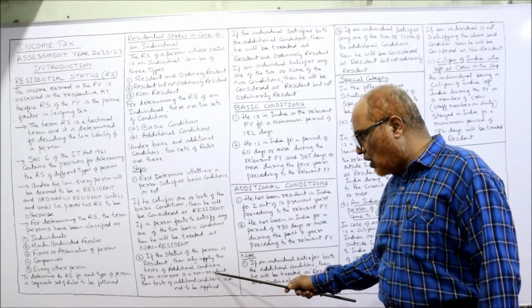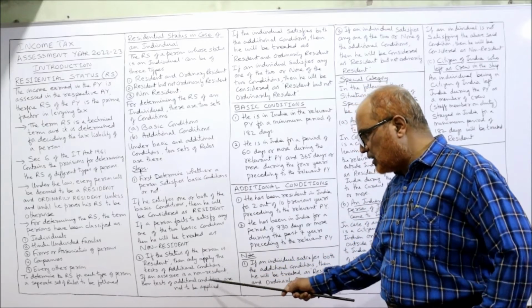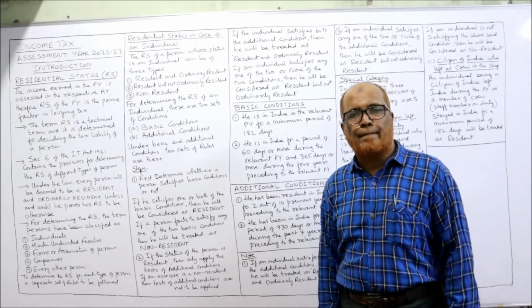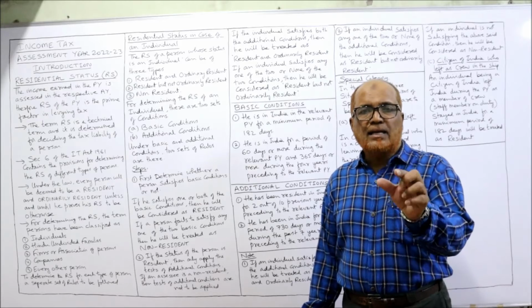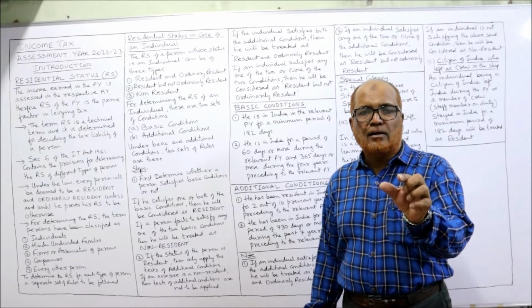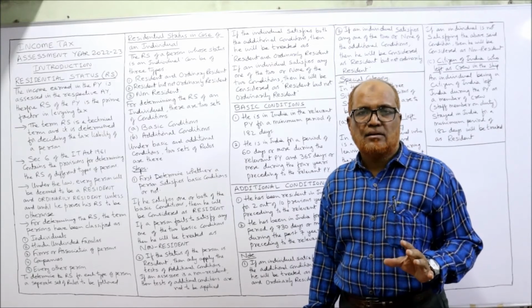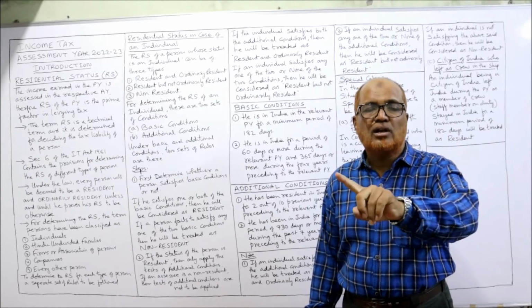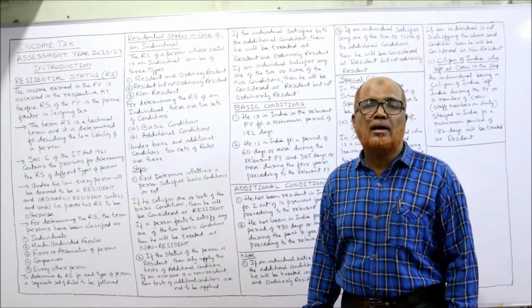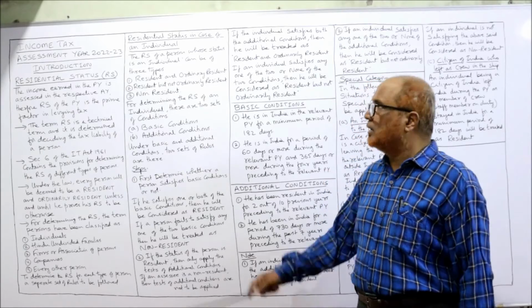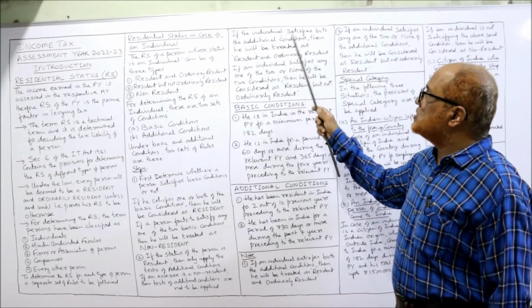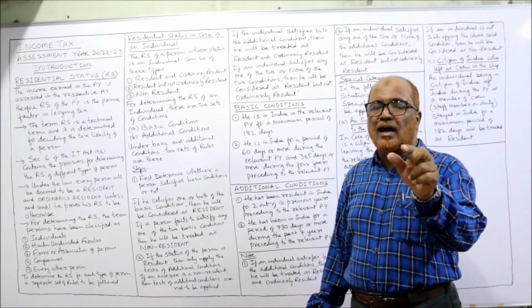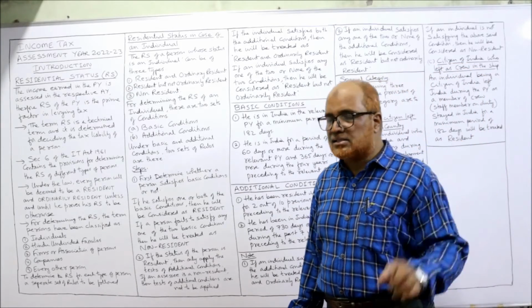If an assessee is a non-resident, then the test of additional conditions is not to be applied. Very clear rule is given. The additional conditions are applied only for resident. If the person is a non-resident, additional conditions are not applicable. That rule you have to remember. Now, if the individual satisfies both the additional conditions, then he will be treated as resident and ordinarily resident.